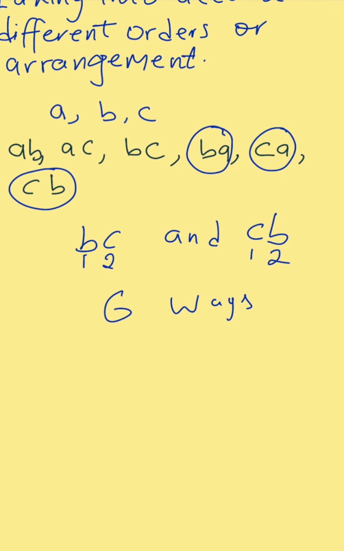The general formula is telling us that if we wish to arrange any object taking r at a time, the permutation of n objects taking r at a time is given as n factorial all over n minus r all factorial. You take the first one, n on top, put factorial, then you subtract n and r, factorial. This is just what we mean by nPr.